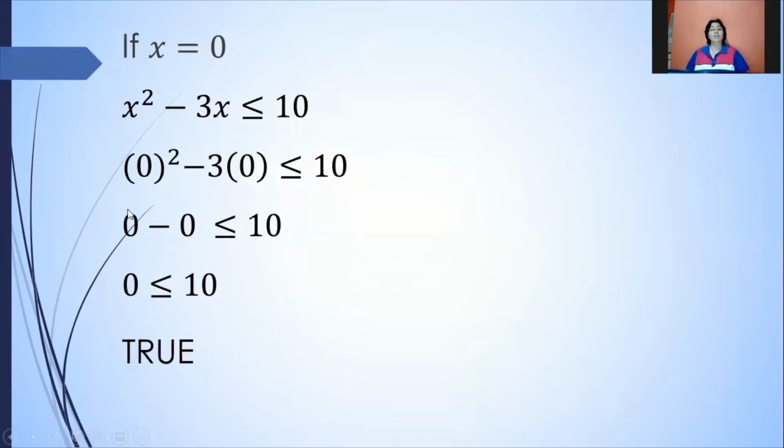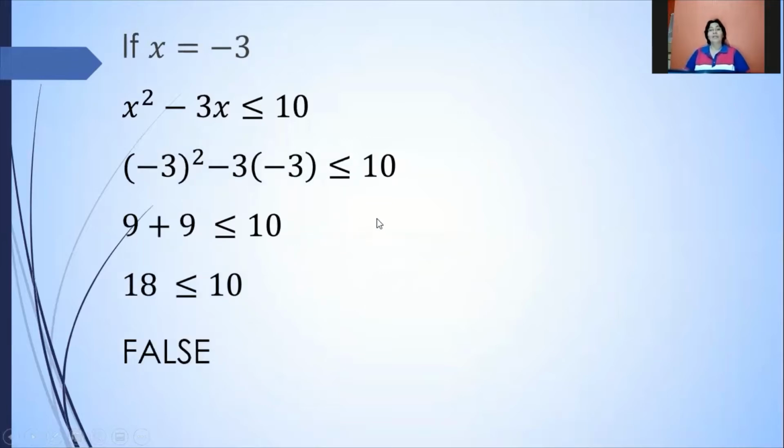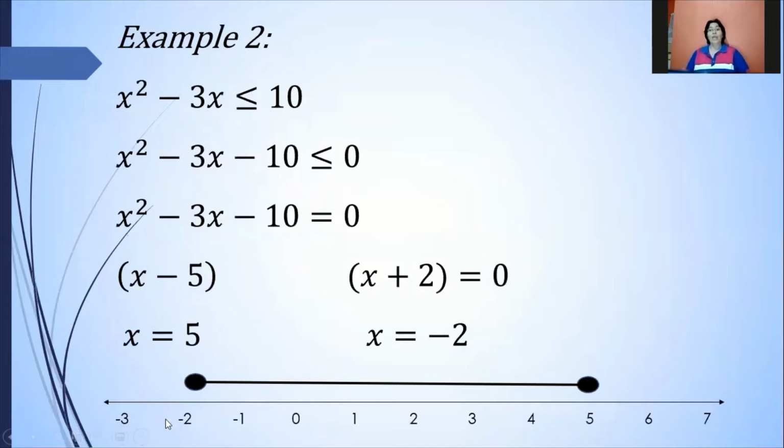Obviously, 0 squared is 0. -3 times 0 is 0. 0 is less than or equal to 10. That is true. Again, look at the graph. We have here the solution of the given inequality, where x is greater than -2.